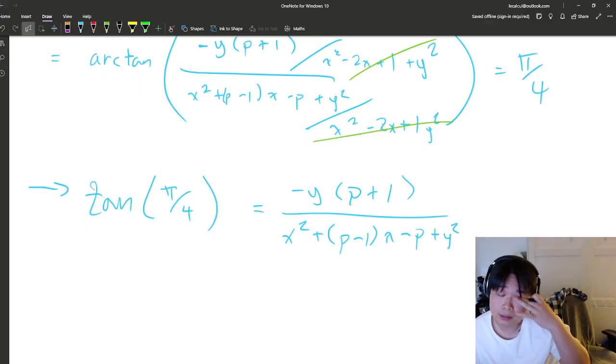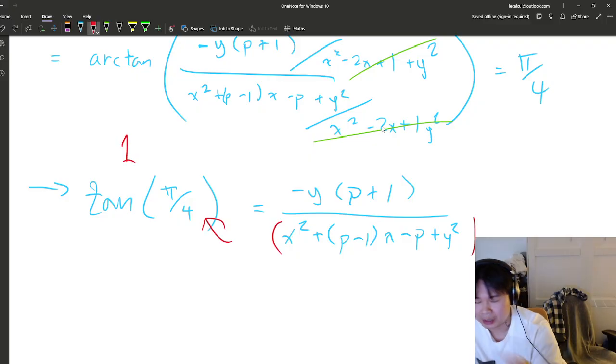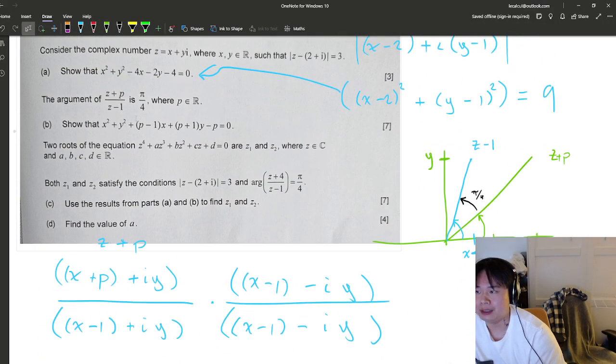Sorry, there's an alarm in the background. 1. This thing is 1. Multiply this over, and then keep manipulating. You will get to what they want you to show. Probably.